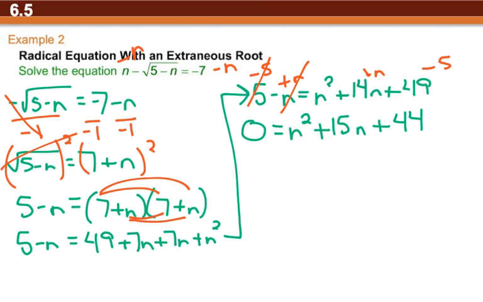Now at this point, hopefully we can factor it, as that's the easiest method to solve a quadratic equation. To do that, we would need two numbers that both multiply to 44 and also add to 15. 11 and 4 fit the bill, so we can factor that into n plus 11 and n plus 4.